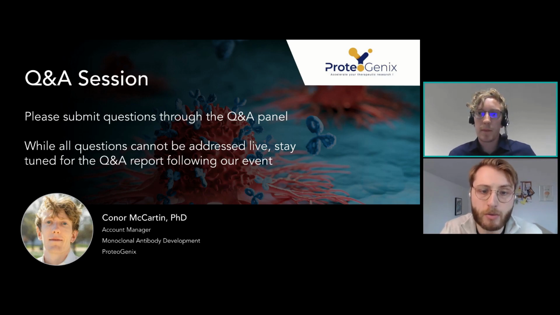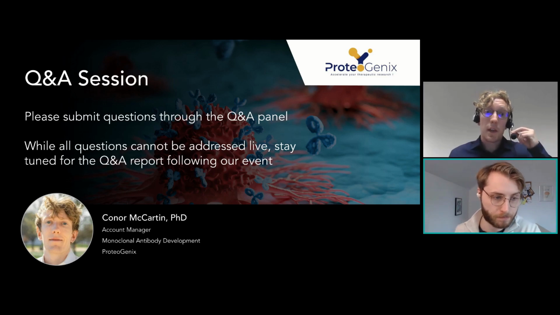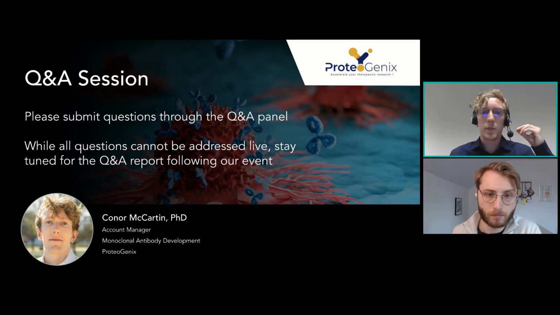Perfect. Really good question here. Is it possible to select antibodies against one specific protein, but not another protein? Yes, absolutely. So for that, we use a similar strategy to what I explained in the presentation with the ligand receptor complex. So there we deplete against that complex.